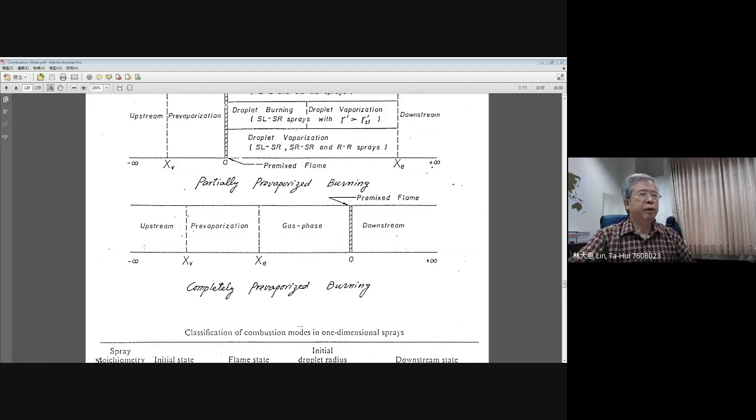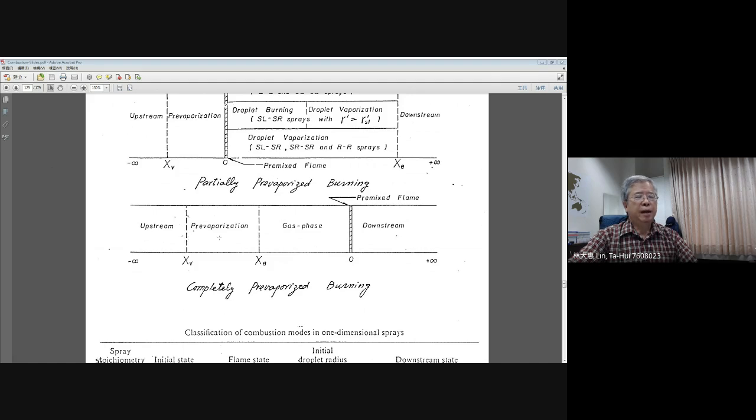Here you can see from the upstream side, there is a two-phase flow, as we described earlier. There is some gaseous oxygen and fuel vapor, and also a certain amount of droplets. They may start to pre-vaporize at x equals xv because the temperature reaches the boiling point of the droplet.